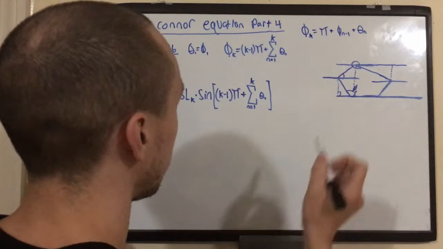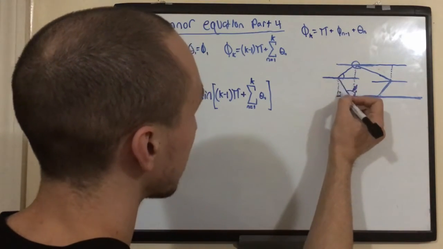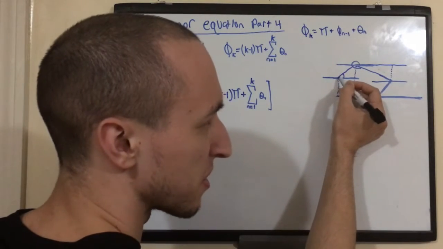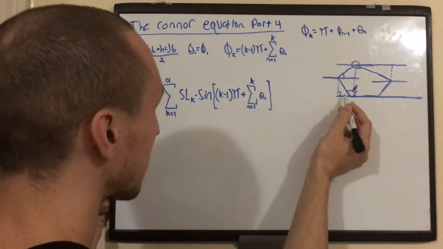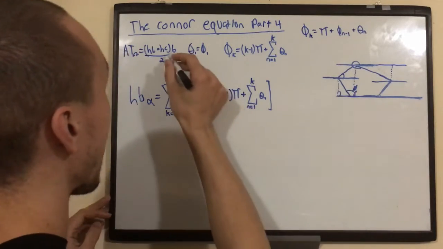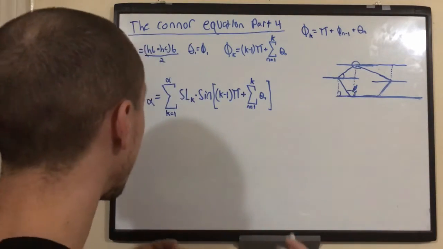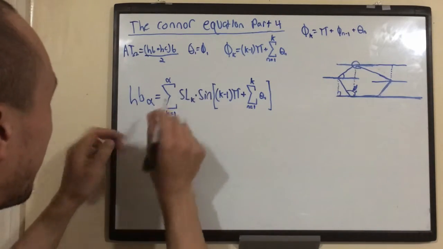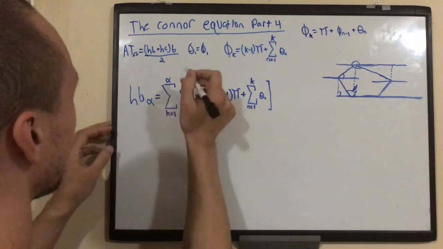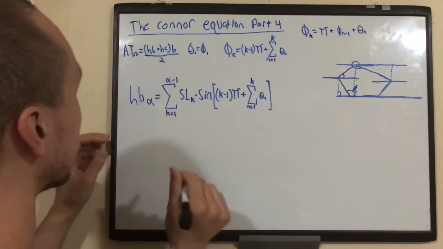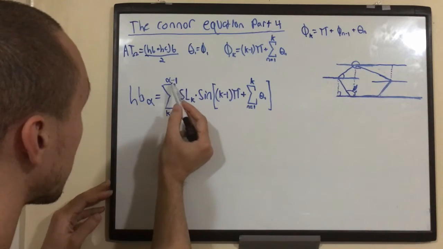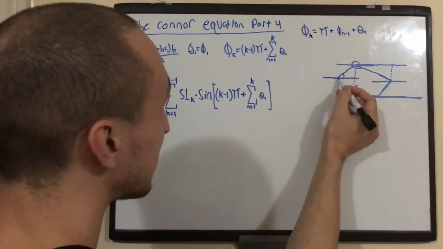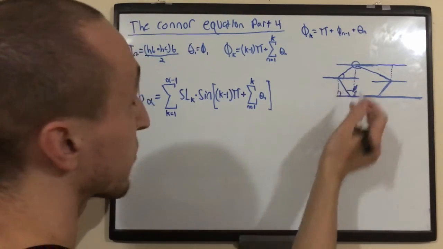But what is HB for SL2 and phi 2? It's simply the previous HC. The difference is going to be -1. So HB is just whatever the HC was for the previous side.